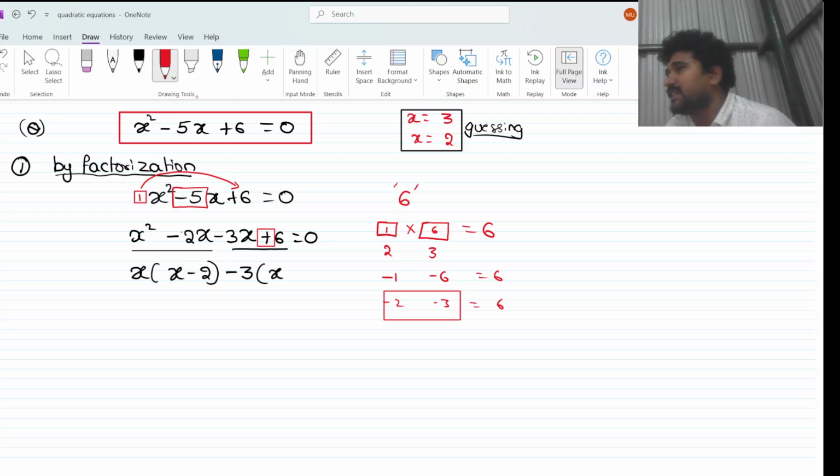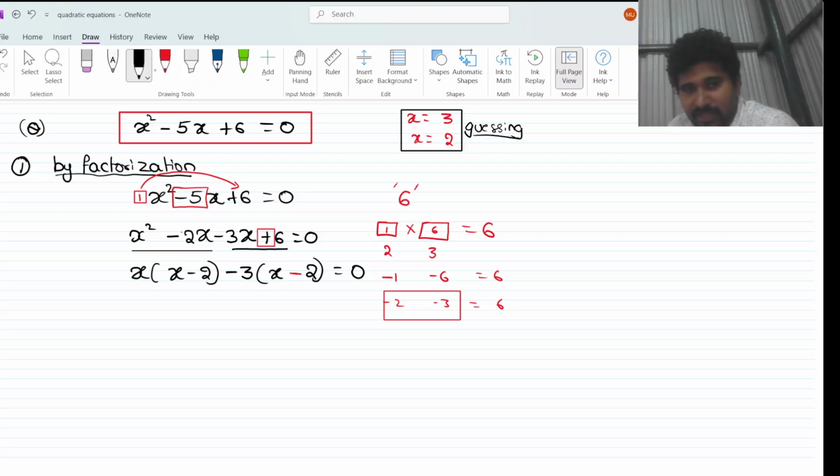Only when you take out a minus will you get a plus back, since minus into minus gives plus. Keep that in mind. Minus 3 out, so it will be 3 twos are 6.